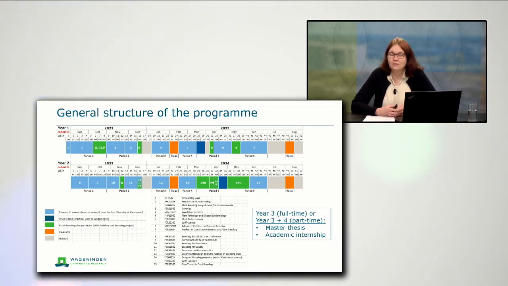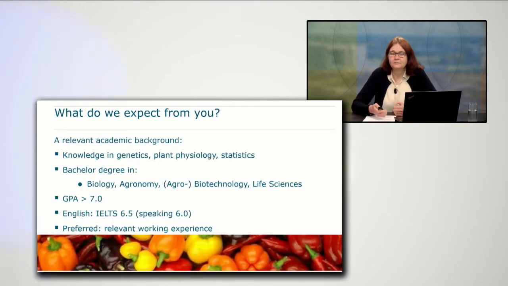And this academic internship most often can be combined with your work when you are already working in a plant breeding company. So that's roughly what we offer through our online master.